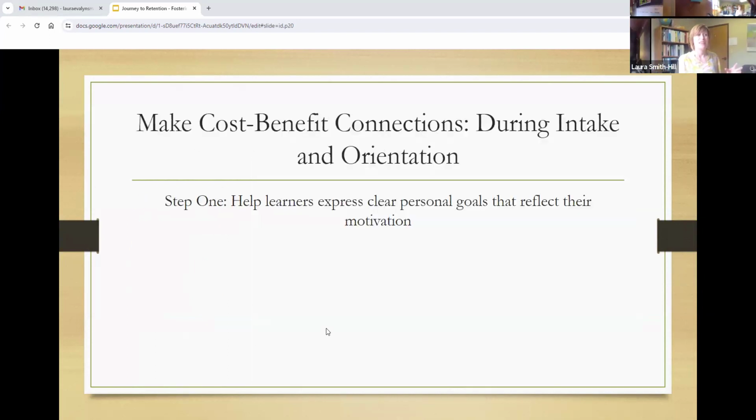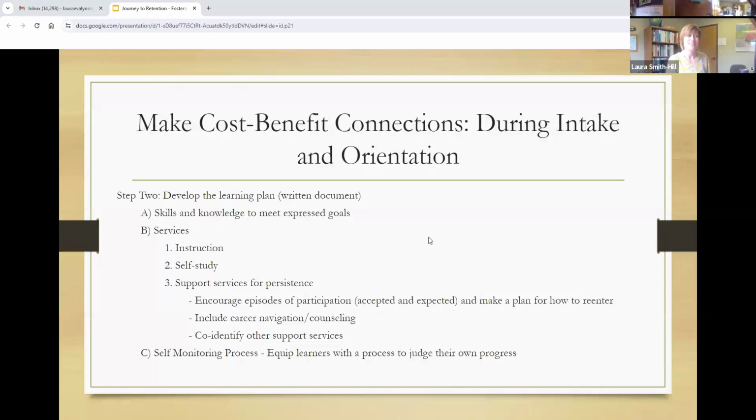Our first step in that intake and orientation process is helping students express clear goals that reflect their motives for learning. And the second step, very dense, but helping them identify the skills and knowledge they need, identifying what's their instruction and self-study that will help them get there, as well as the support services like counseling or career navigation.